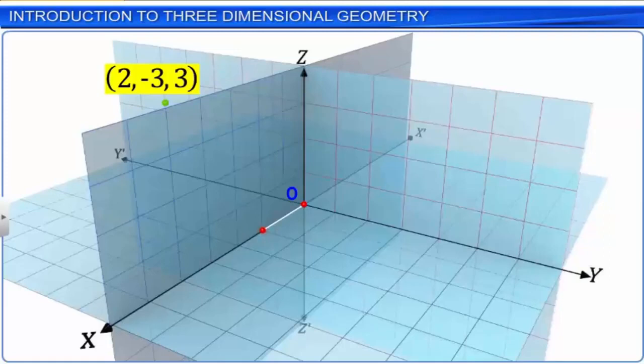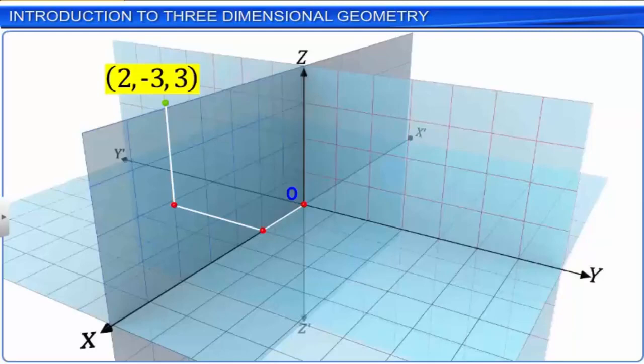The y-coordinate is -3. So from this point, we measure 3 units on the xy plane in the direction of OY' parallel to the y-axis. We mark a point there. For the z-coordinate, that is 3, we measure 3 units from the point perpendicular to the xy plane. We can notice that the point lies in the 4th octant.